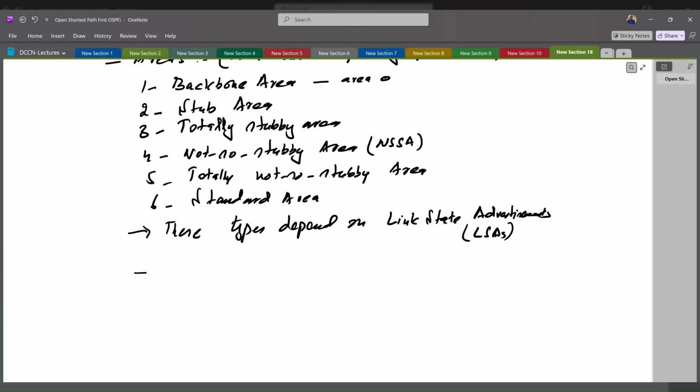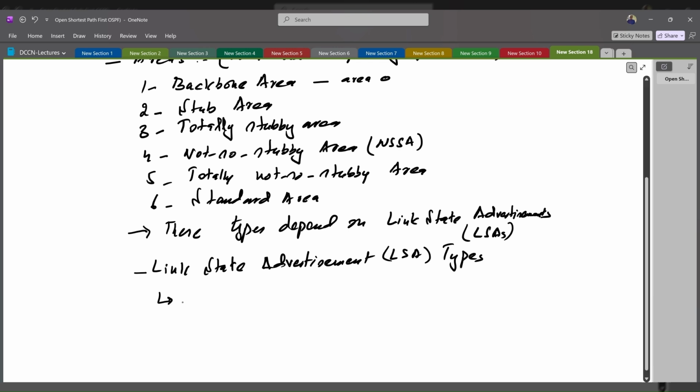So first of all, let me list the different types of link state advertisements, and then we'll try to link the two to understand what we mean by different link states and different areas. Okay. So, link state advertisements, LSA types. These are the different types of LSAs. Number one, we have LSA 1, link state advertisement 1. And this is the advertisement update message from a router to its neighbor, right?